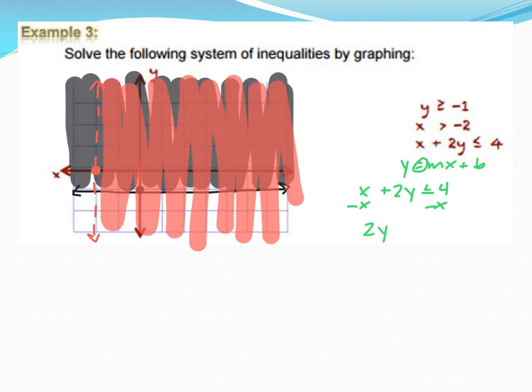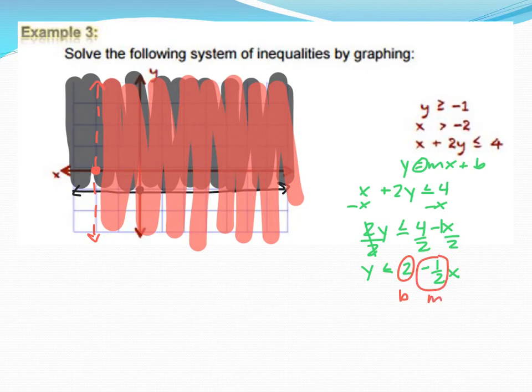That gives me 2y is less than or equal to 4 minus x. Divide everything by 2, and that's y is less than or equal to 2 minus 1 over 2x. That tells me my y-intercept is 2, and -1 over 2 is my slope, which is down 1, right 2.